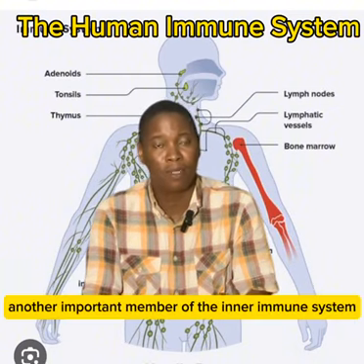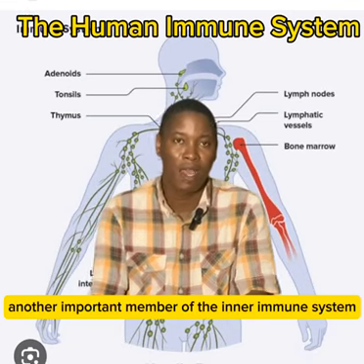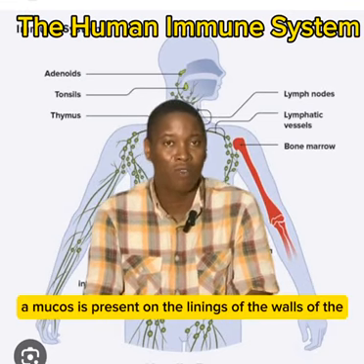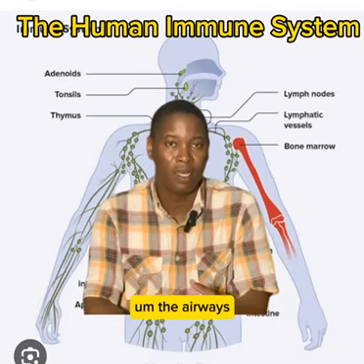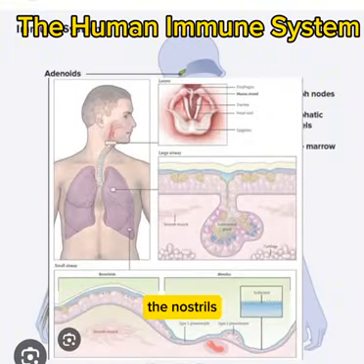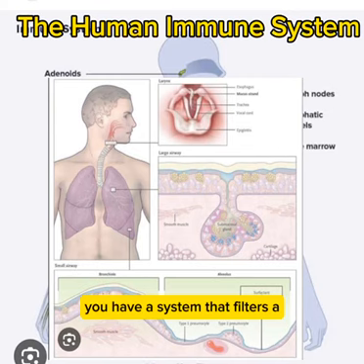Another important member of the innate immune system is mucus. Mucus is present on the linings of the walls of the airways, the trachea, the bronchi, and the nostrils are all lined with mucus. Even in the nostrils, you have a system that filters air, with hair that filters air.